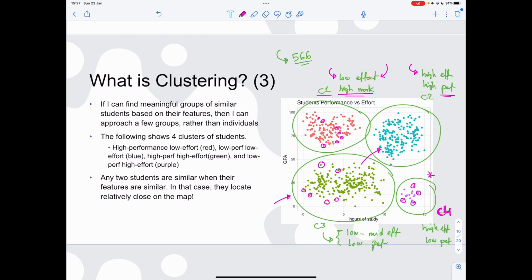Maybe I figure out that they have some problems at the time of taking the exam. Maybe they had flu or COVID or some sort of illness. Maybe I figure out that they have an attention problem while studying, or something like this.